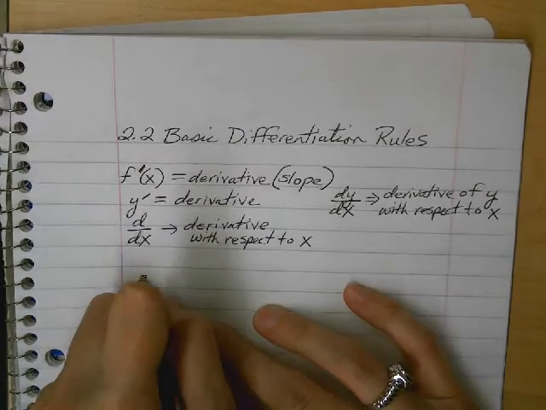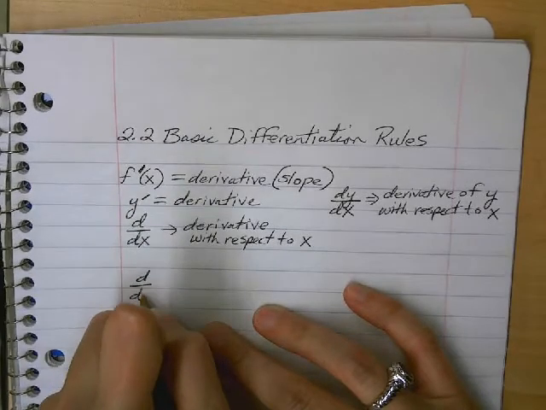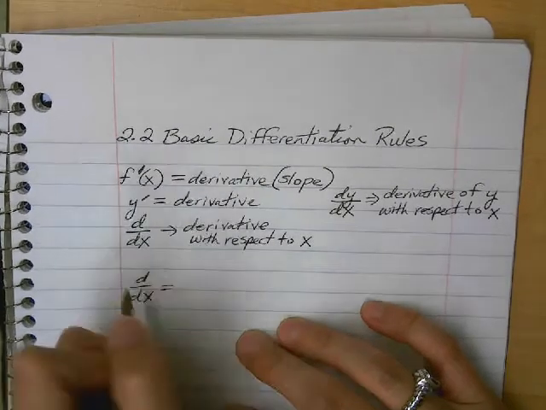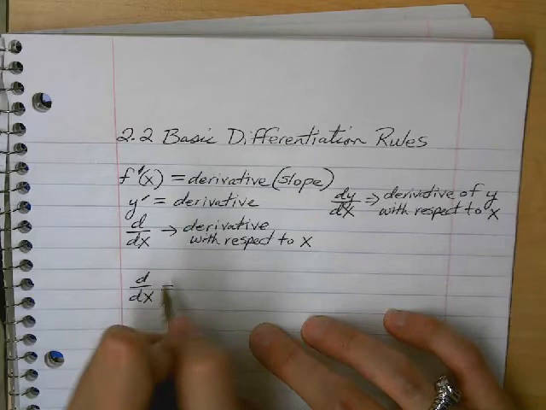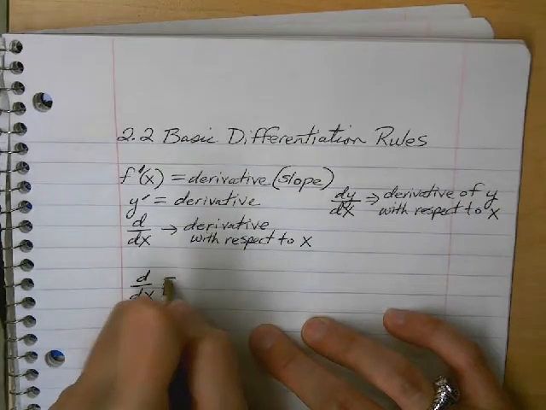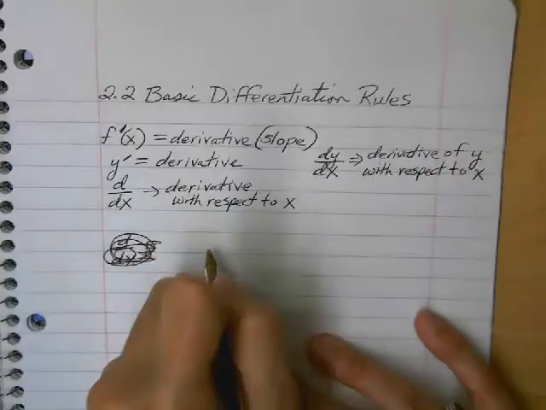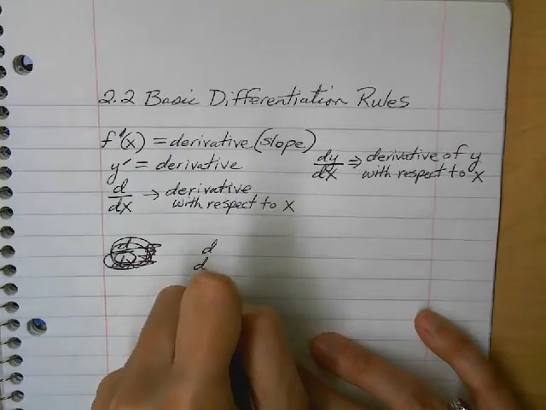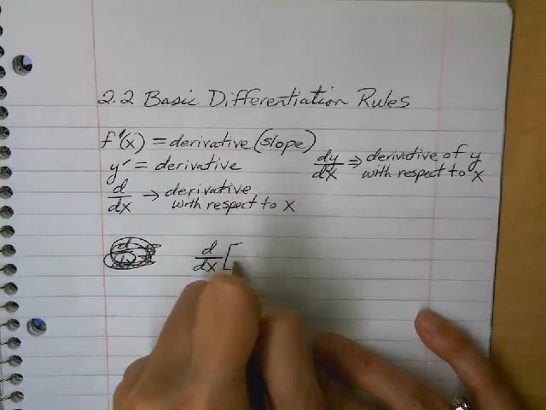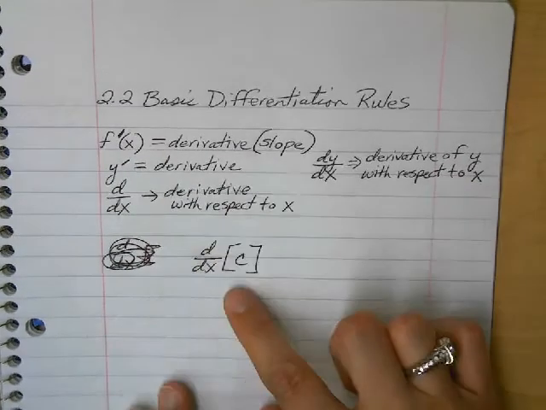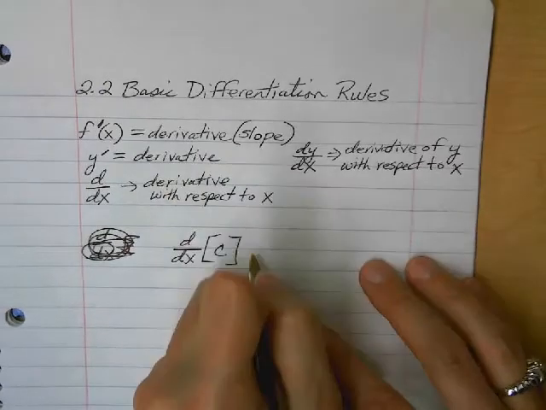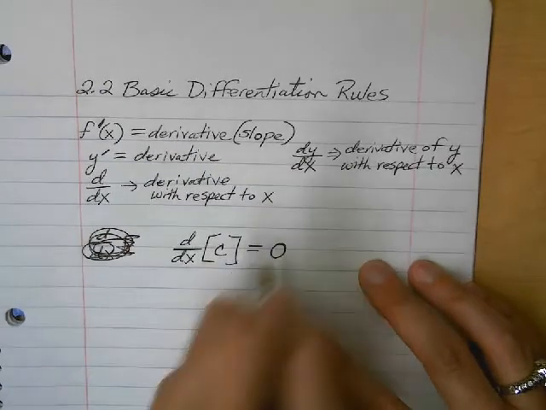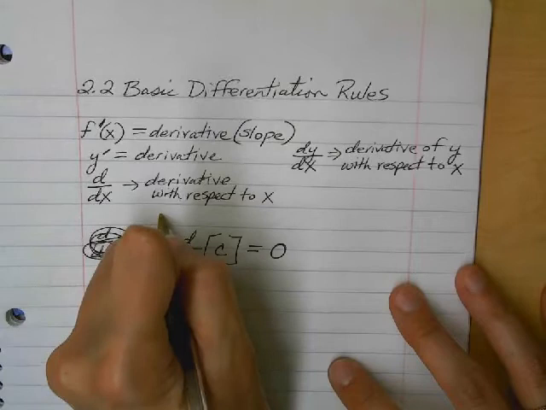The derivative with respect to x of, let me rewrite it, I don't want to be sloppy. Okay, d dx. The derivative of a constant, c, I just put c for constant, is always going to be 0. That's the first rule.